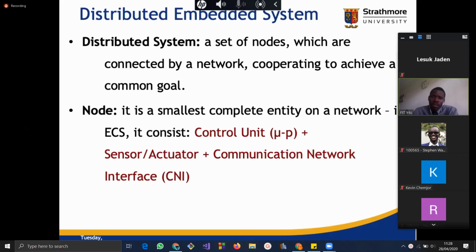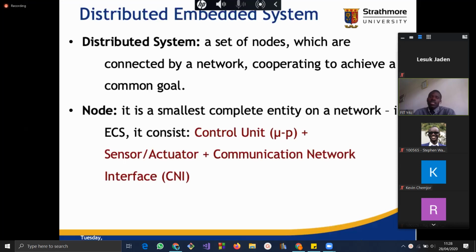A node in this context is a small complete entity on a network. It's composed of a control unit. The control unit can be a microprocessor or a microcontroller, whatever it is. And then it has a sensor and actuator, and then it has a communication network interface.